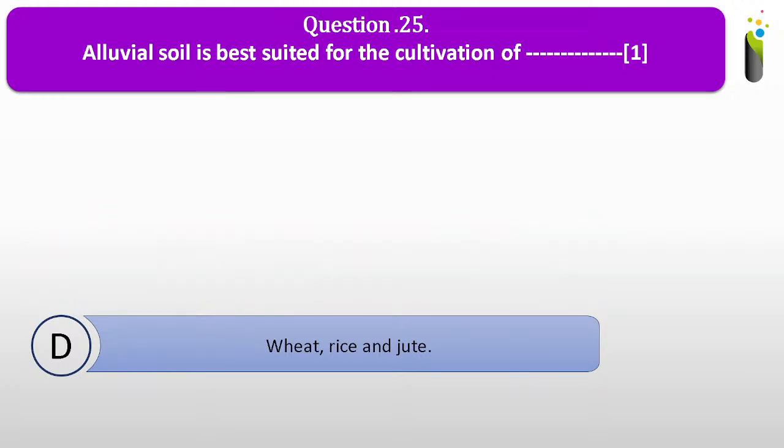And the correct answer for question number 25 is wheat, rice and jute. So alluvial soil is best suited for the cultivation of wheat, rice and jute.